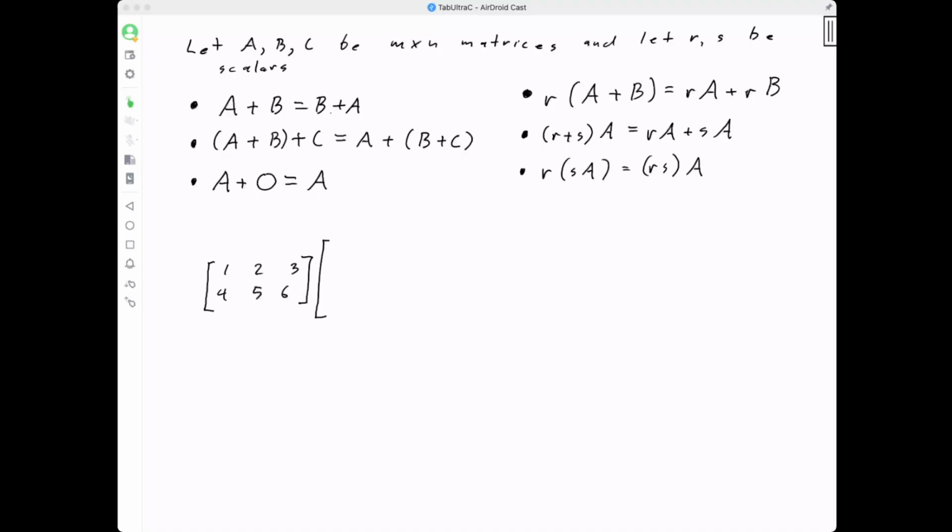So I could do something like 7, 8, 9. When I do that multiplication, I multiply the first entry by the first entry.